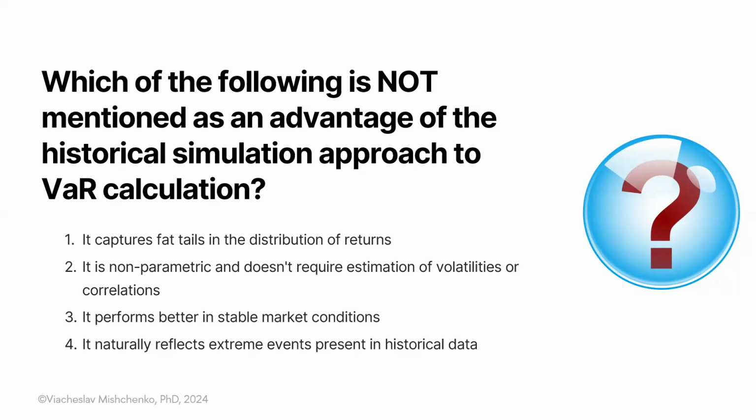So the other options, 1, 2, and 4, are all mentioned as advantages of the historical simulation approach, so they are not shortcomings, and they were mentioned in the lecture.